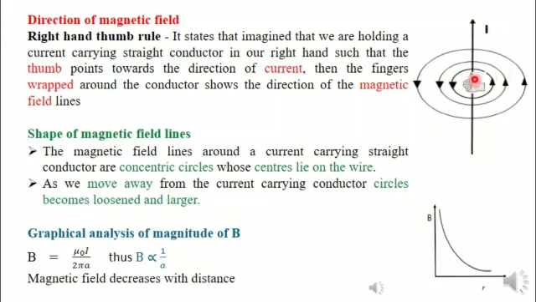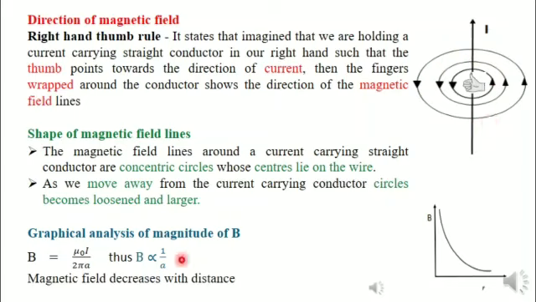Shape of magnetic field lines. The magnetic field lines around a current carrying straight conductor are concentric circles whose centers lie on the wire. As we move away from the current carrying conductor, circles become looser and larger. Graphical analysis.